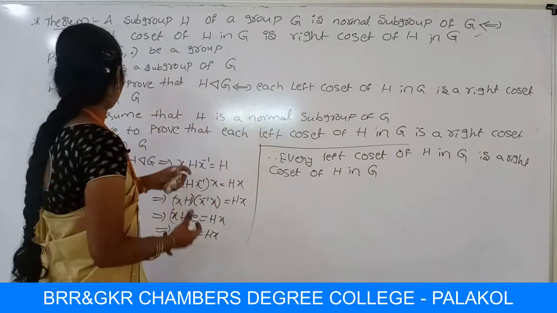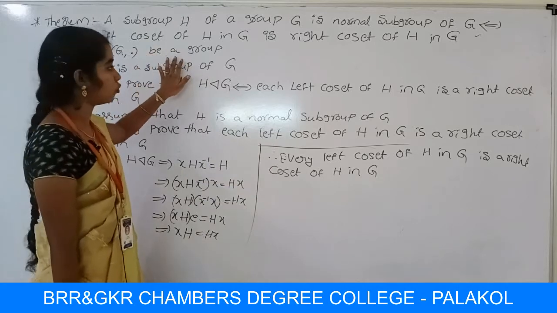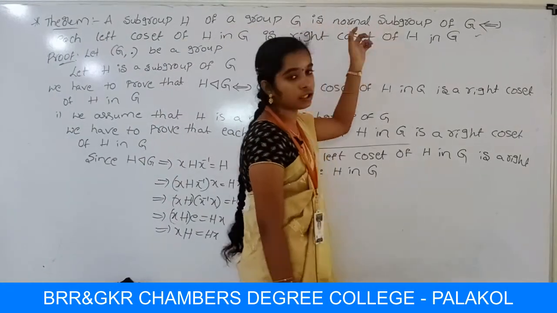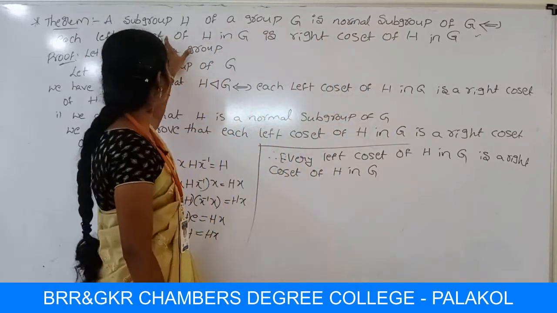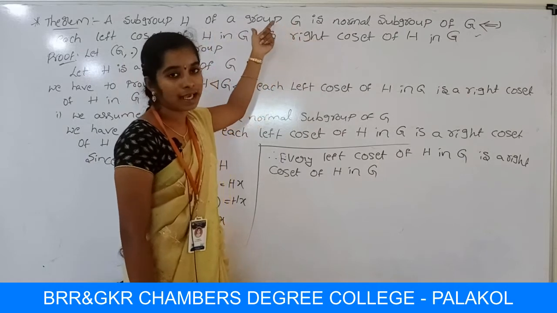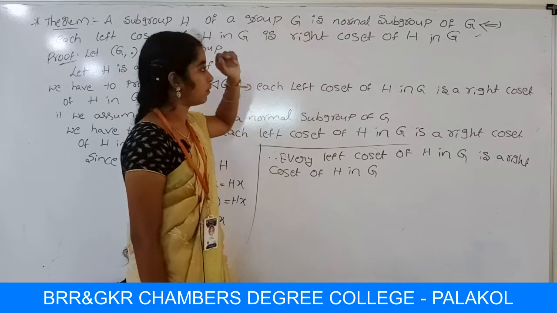So this is the first part. First of all, already you know that (Z, ·) is a group and (H, ·) is a subgroup. We have to prove that H is a normal subgroup of Z if and only if each left coset of H in Z is a right coset of H in Z. That means xH equal to Hx, or aH equal to Ha.